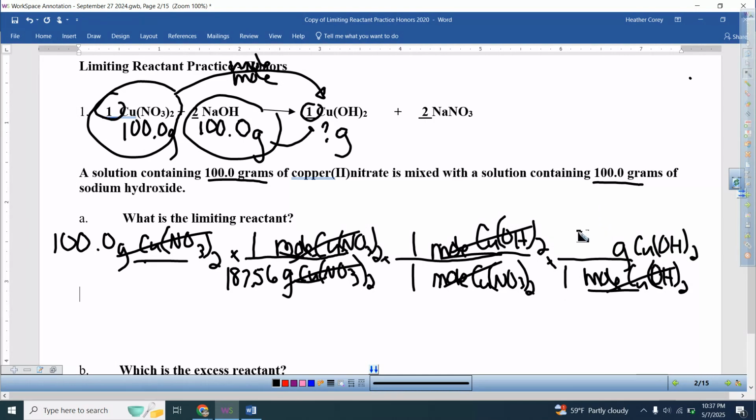One goes with mole. Copper hydroxide: 16 plus 1.008, so 17.008. Double that number because there's a 2 outside the parentheses, and then add in the copper, and that gave me 97.561.